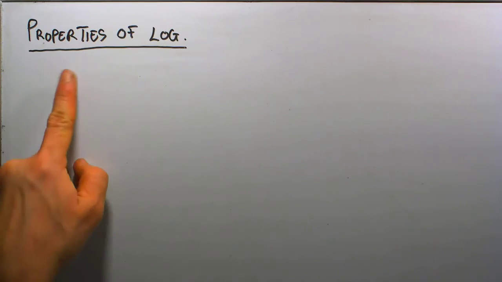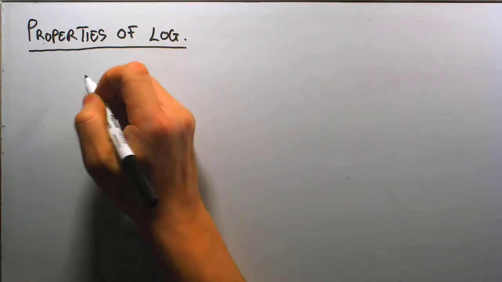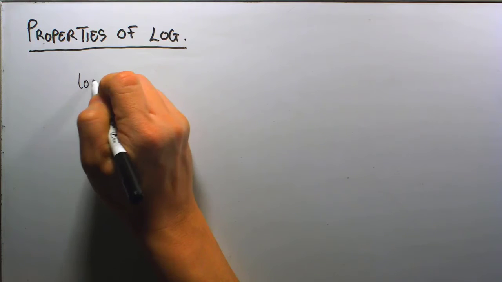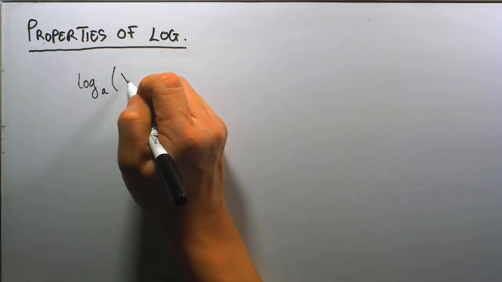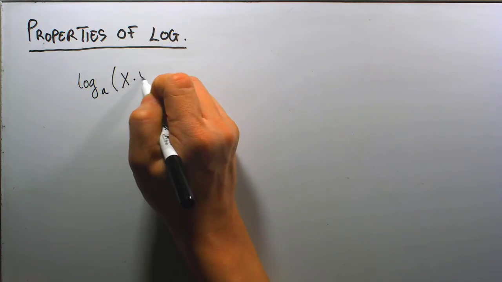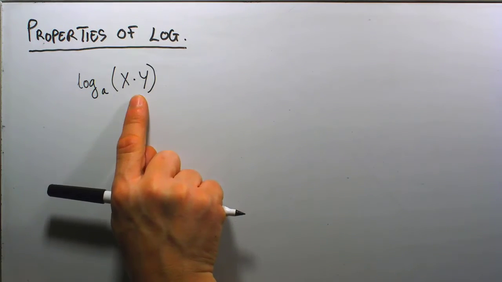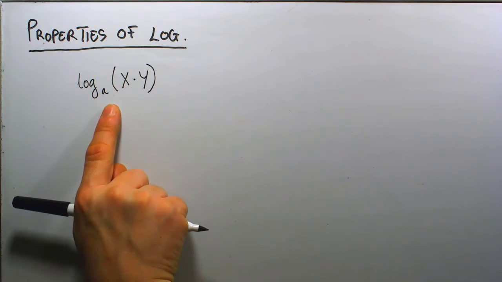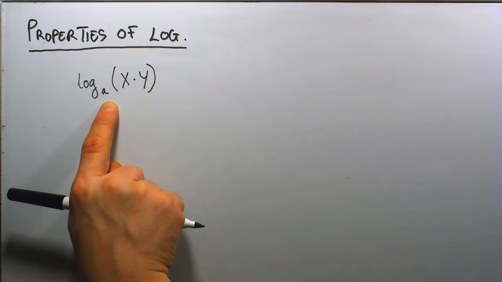Among the properties of logarithm, let's look at the following property. Log base A of a product x times y. So x and y here are any two values, and A is the base, being positive and other than 1.